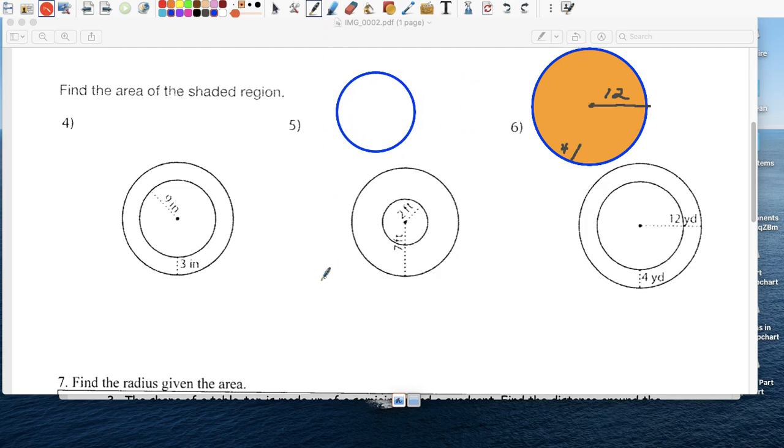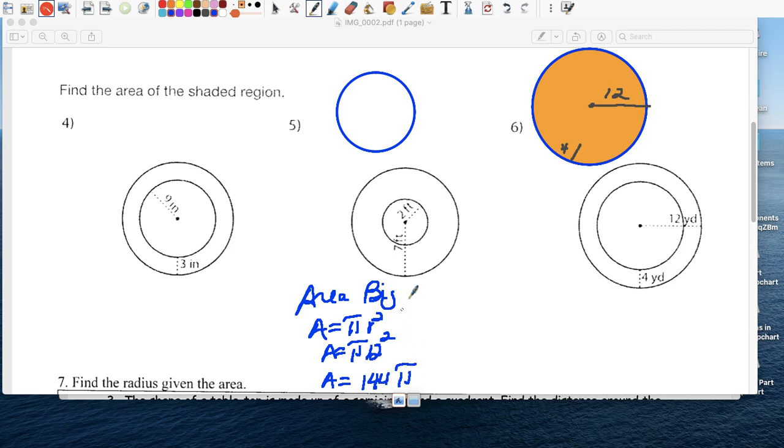So the area of the big circle I can do, because you can tell it's 12. So A equals pi r squared, A equals pi, and the radius is 12 to the second power. And we're going to get area equals 144 pi yards squared, because 12 to the second power is 144.